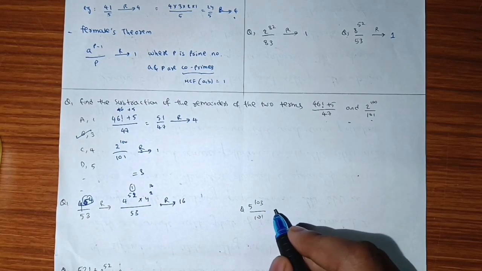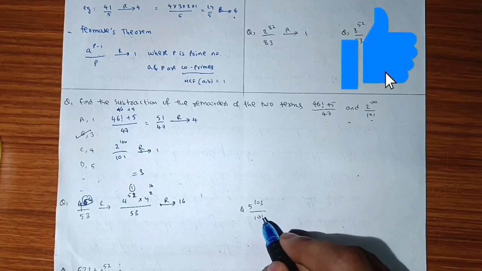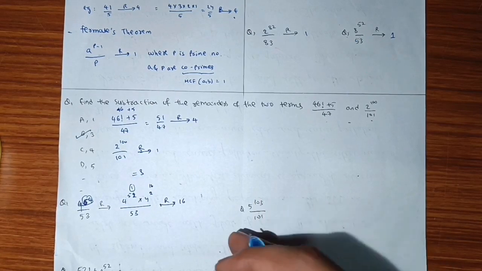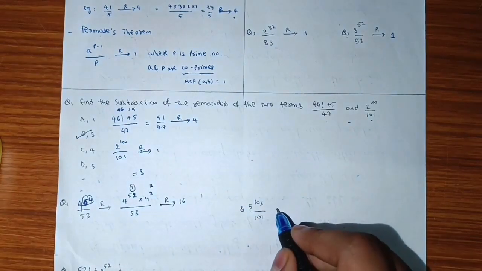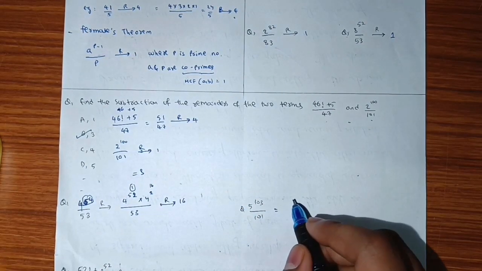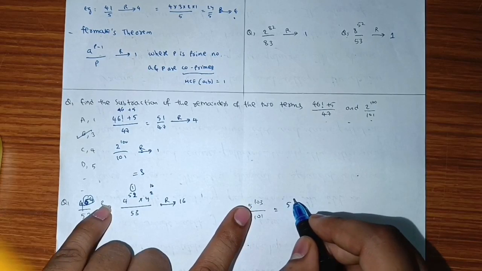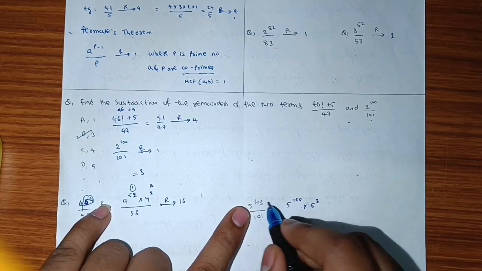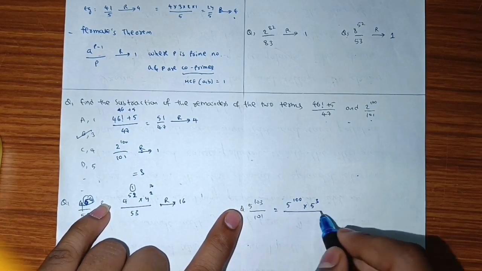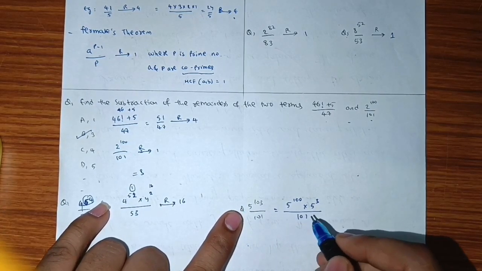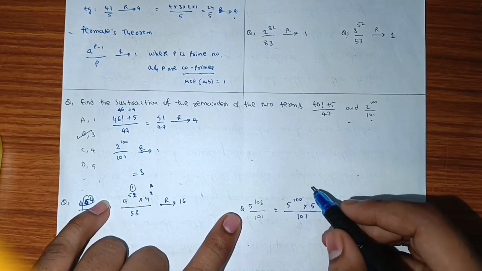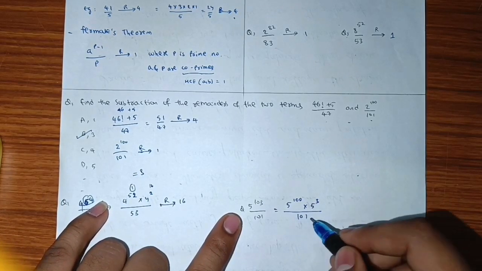Again let us see this type of question, 5 power 103 by 101. So modify this to the relevant theorem. I am converting this to 5 power 100 into 5 power 3, which equals 5 power 103, by 101. Now 101 is a prime number, and 5 and 101 are co-primes, and the power is the denominator minus 1.